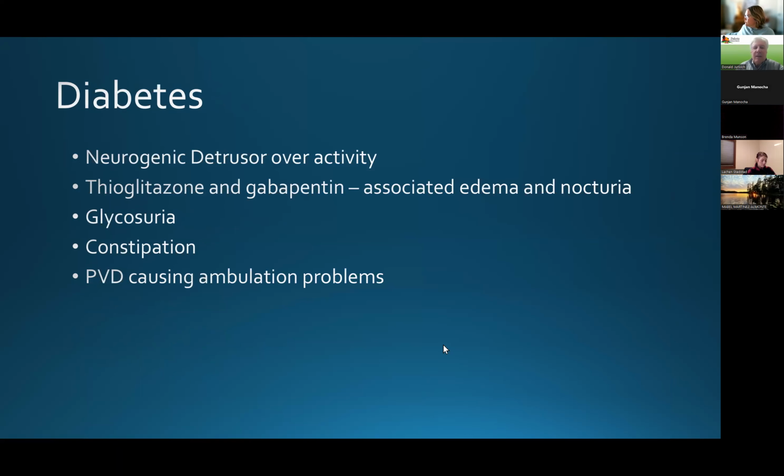In terms of diabetes, what occurs is you get neurogenic problems, right? So that there's nerve damage. And so you get a bladder that's overactive because there's not a coordination of the nerves. And also there's a couple of classes of medications such as thiazolidinediones and gabapentin that can cause peripheral edema.